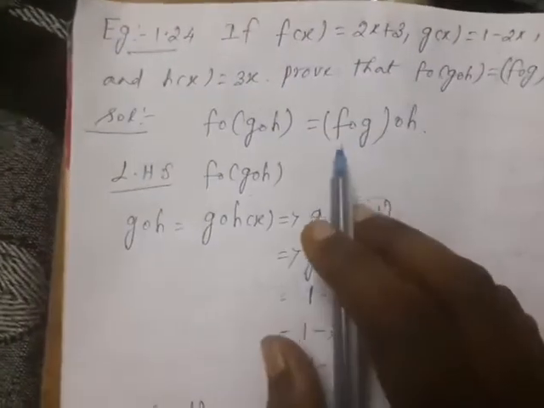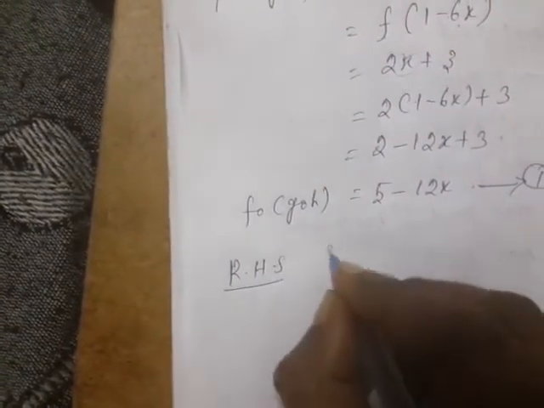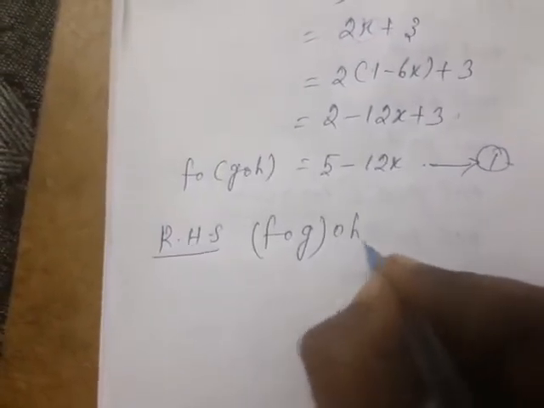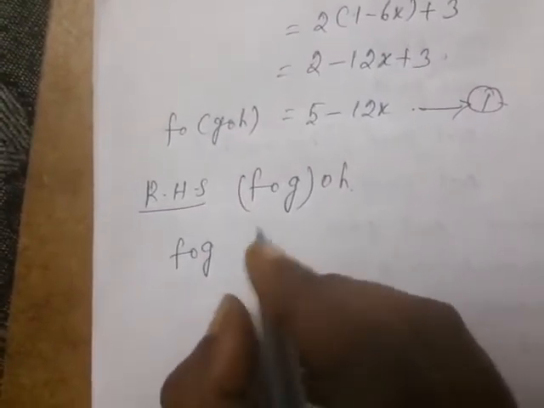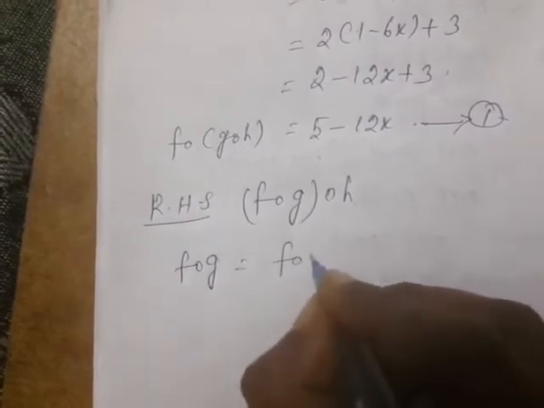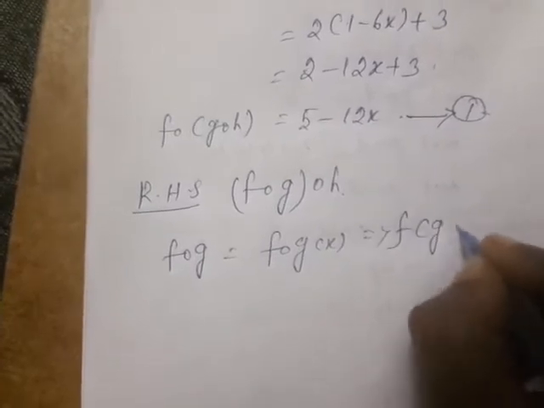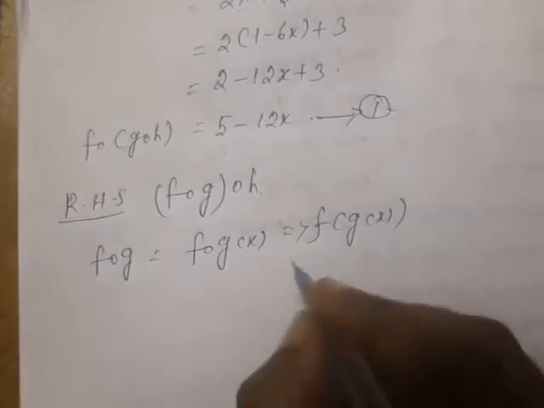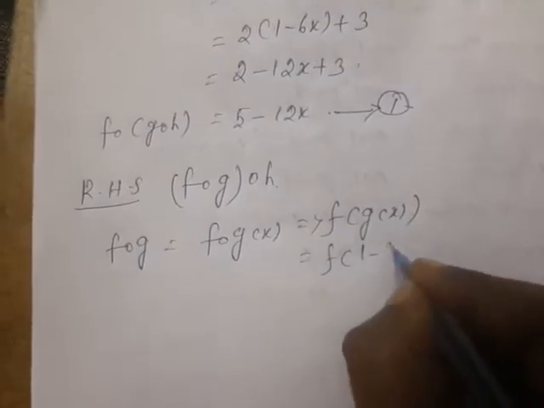Next we find the right hand side, (f composite g) composite h. First, inside the bracket, I find f composite g. F composite g of x implies f of g of x. G of x value is 1 minus 2x.